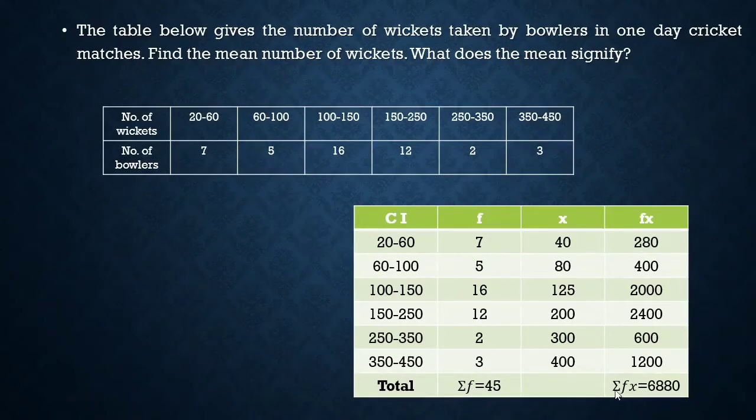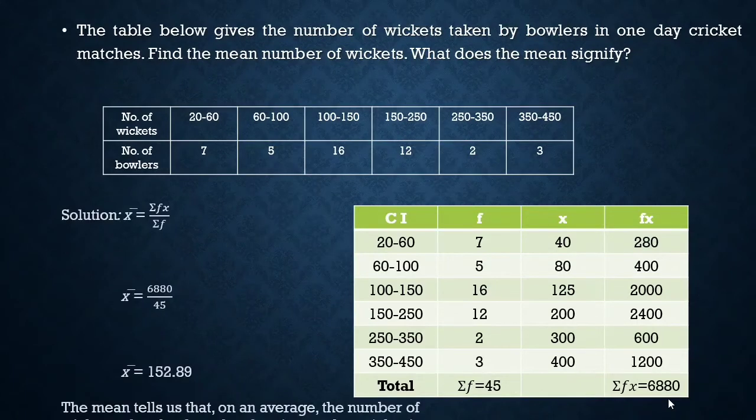So now to find summation fx, add them. 280 plus 400 plus 2000 plus 2400, add them, and we get summation of fx is equal to 6880. Now the mean is given by the formula x bar is equal to summation fx by summation of f.